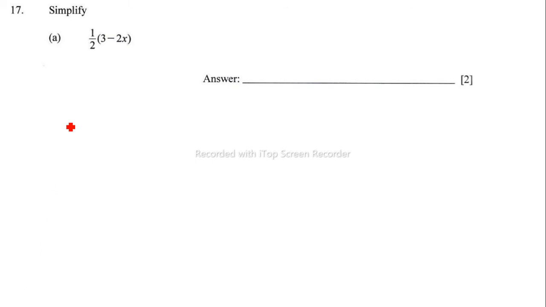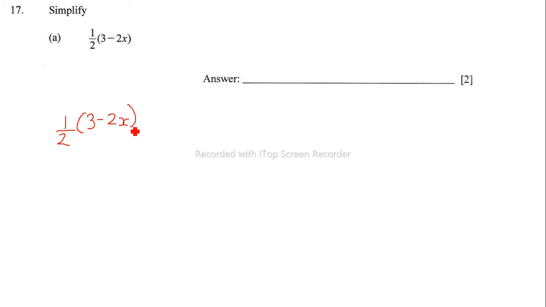Okay, that's good. So let's consider this question and simplify it. We have 1 over 2, which is a half, multiplied by 3 minus 2x.